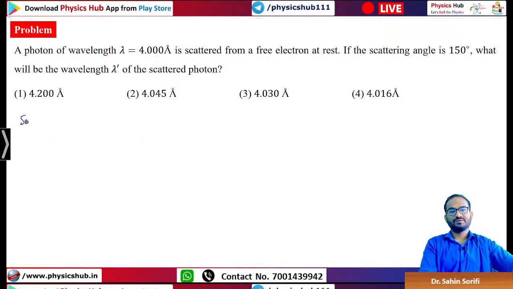To solve this problem, you can use the Compton effect formula.